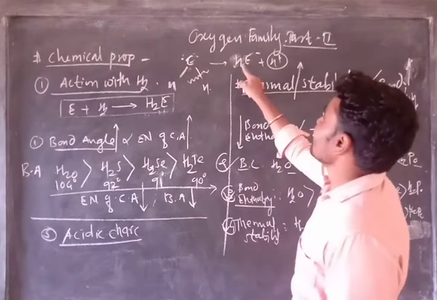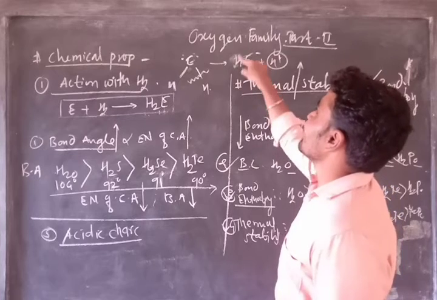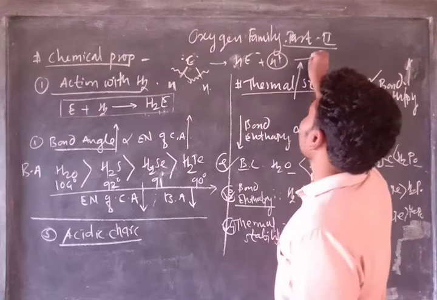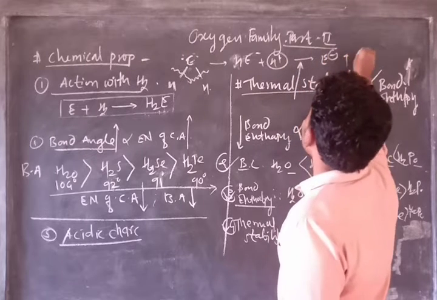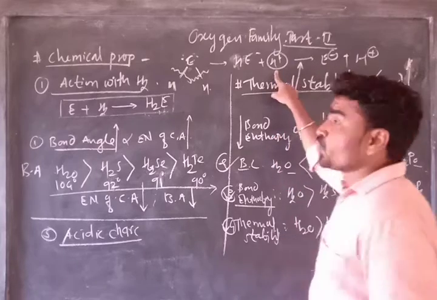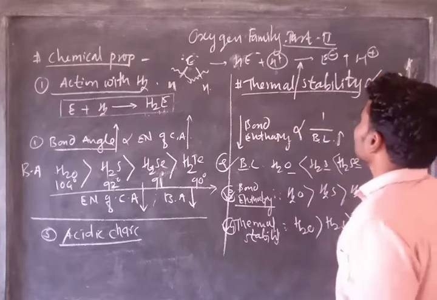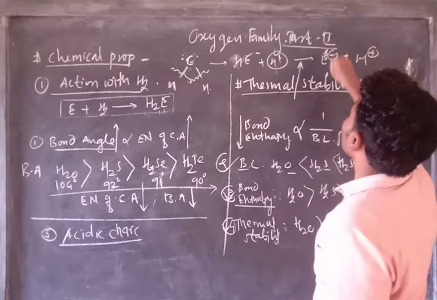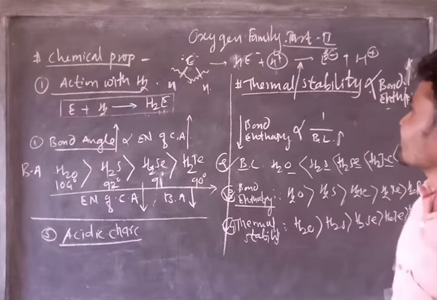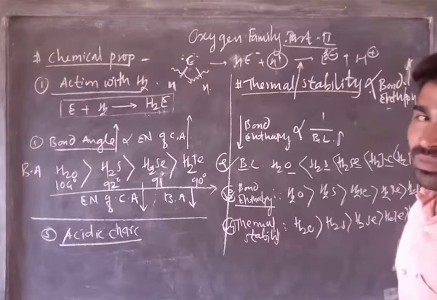And again, in this anion, we have another H. We can also break this bond, and here we get E 2 minus plus another H plus. So it can give 2 H plus, and E 2 minus will be formed, that is, the oxide ion may be formed.